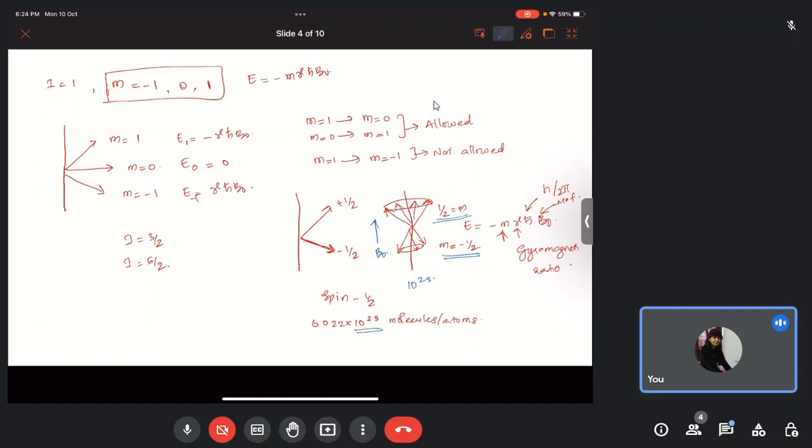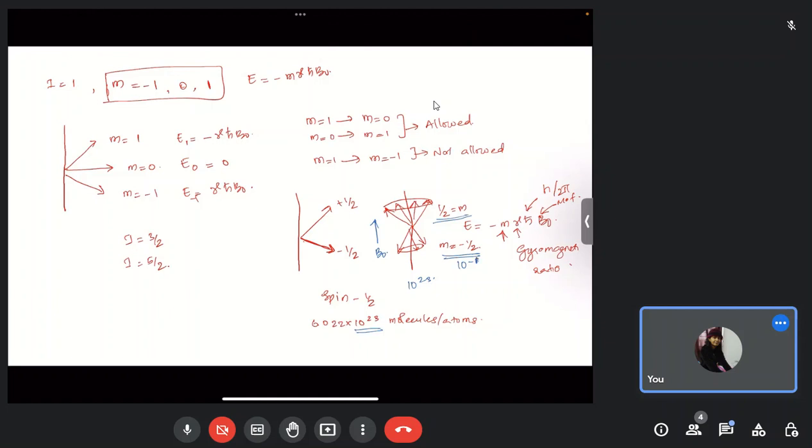So maybe 10 raised to 12 molecules will orient in this direction, whereas 10 raised to 11 molecules will orient in the other direction. I'm not giving you the correct values. We can calculate it, and I think sir has calculated the number of molecules which will orient with different m values in the class.